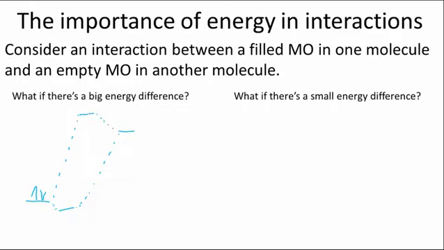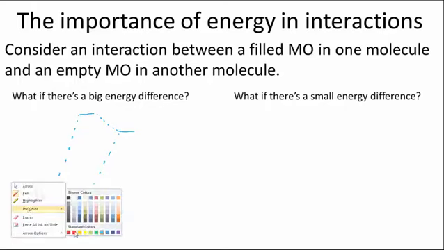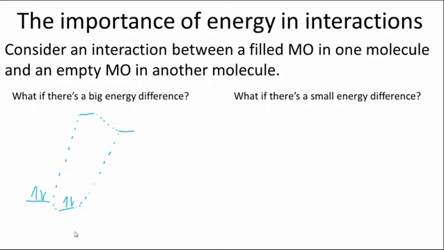The unfilled orbital gets destabilized a little bit. But if you consider how much stabilization was there, and I drew it kind of crooked, the point is, there's a very small stabilization.